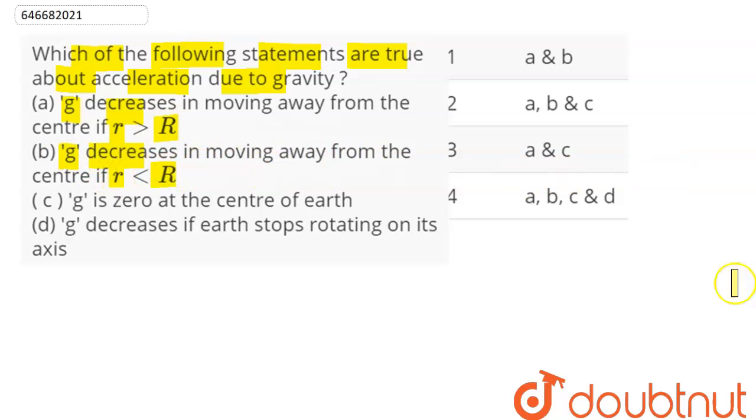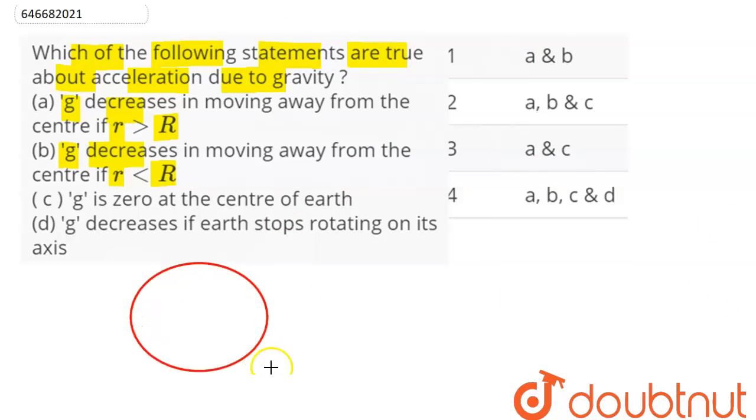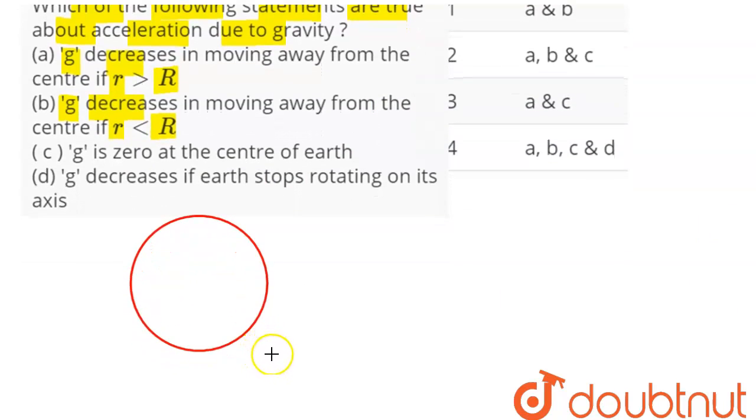Hence we can say here, suppose we have the earth here, so this is our earth, and here we can say at the center, radius is R. Now the g value at the surface is 9.8 meter per second square.